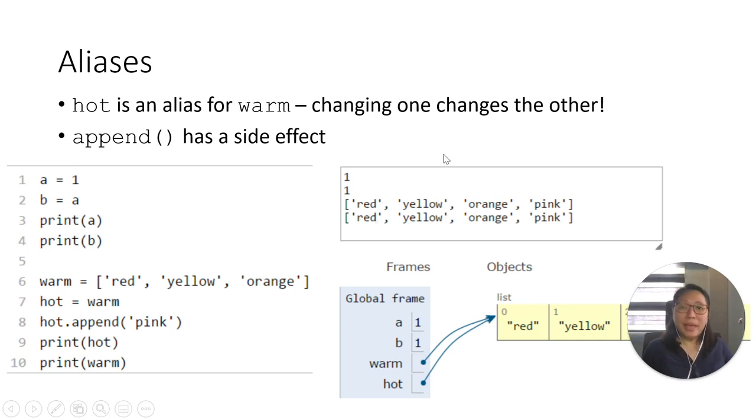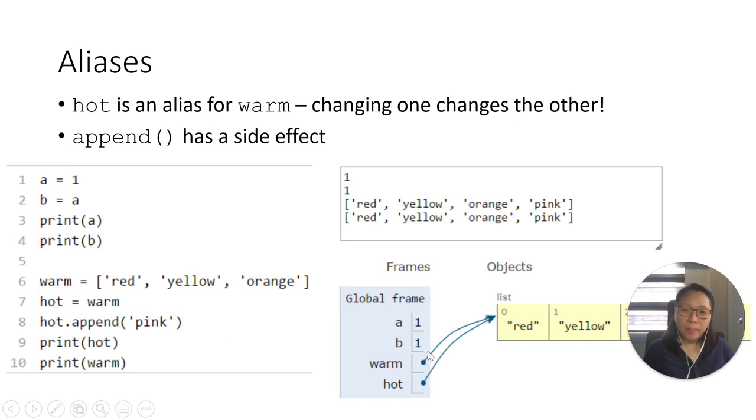So that's aliases, and here are some code examples to look at it visually. In this example, hot is an alias for warm because of line 7. Hot is assigned warm, so whatever the value of warm is, it is assigned to hot.